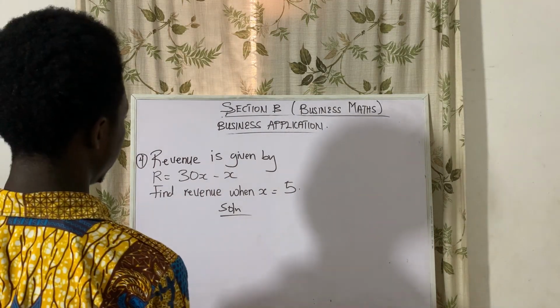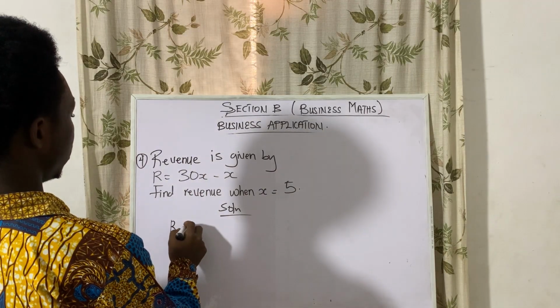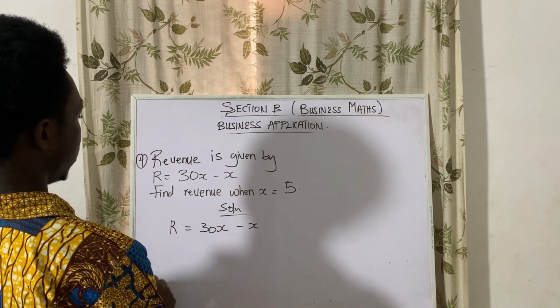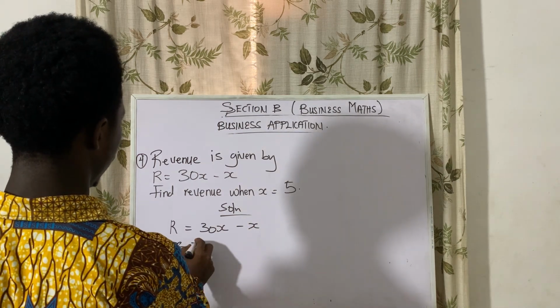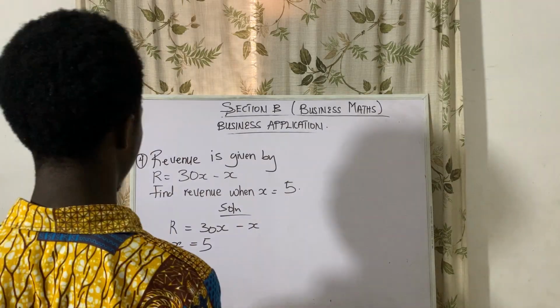We are going to substitute because we are finding the revenue. So R is equal to what? 30x minus x. Then also we have x is equal to what? 5. So we substitute this into the equation.